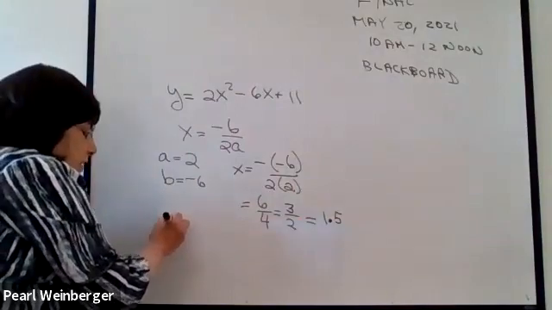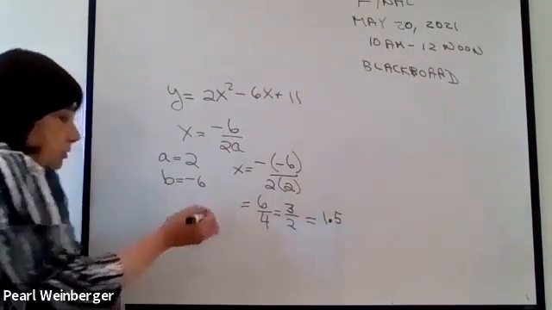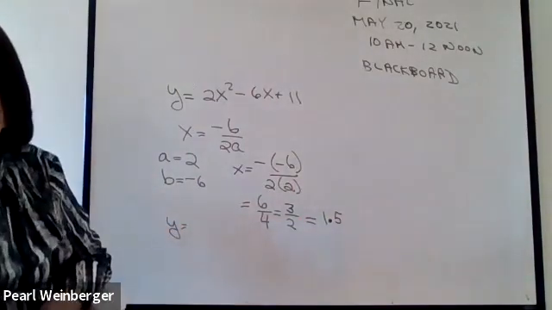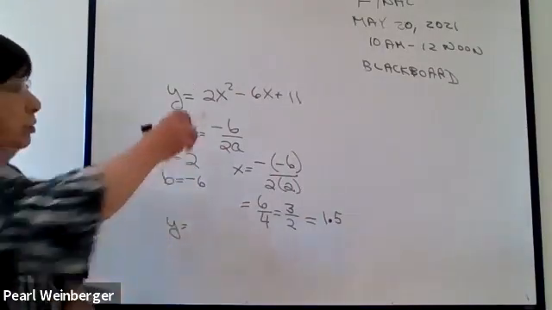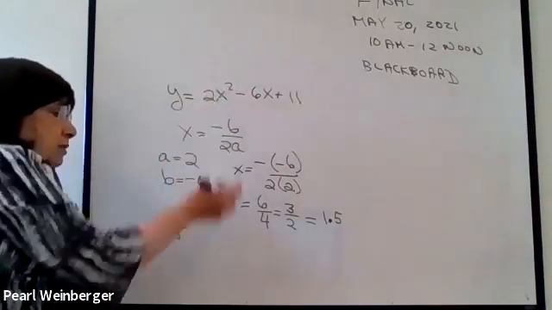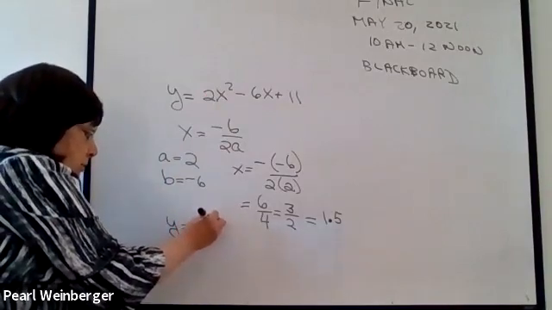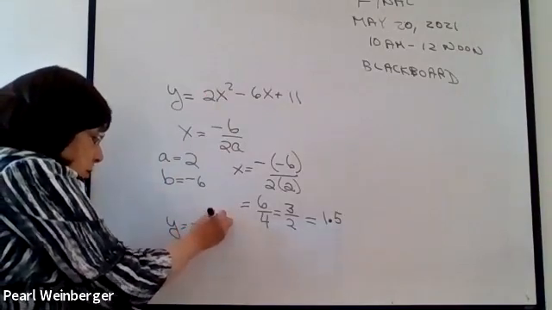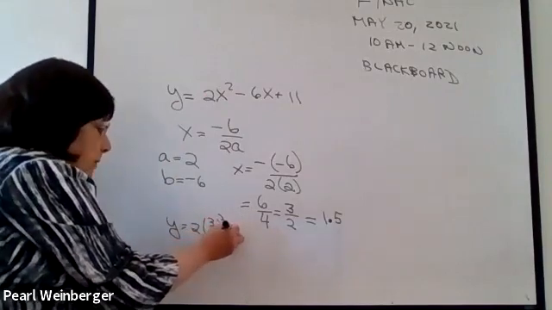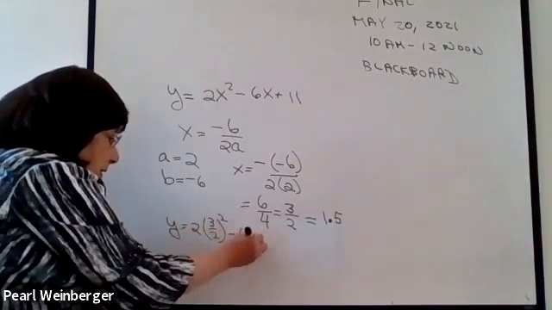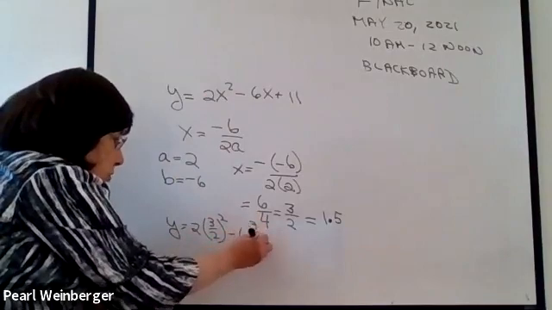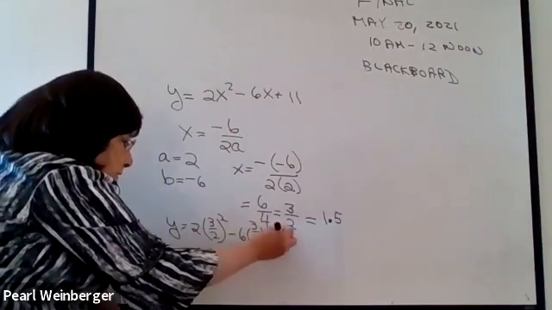If you want to find the y, this one's a little bit harder because you have fractions. You're going to have to put in place of the x, 3/2. So this is going to be 2 times 3/2 squared minus 6 times 3/2 plus 11.